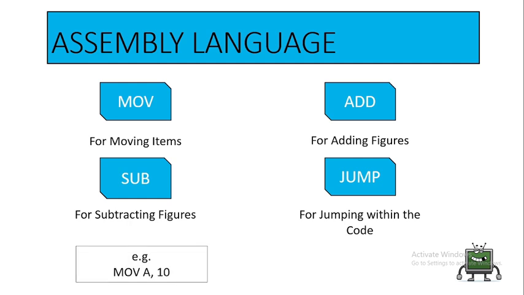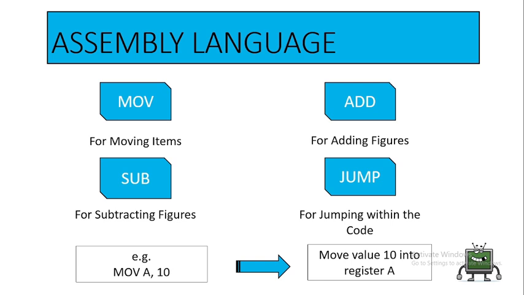So for example, we have MOV A, 10, and this instruction means that the computer should move the value 10 into a location called register A. A register is a location within the CPU that is used to store the data that is being processed by the CPU.